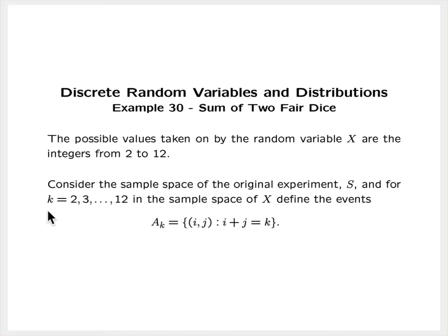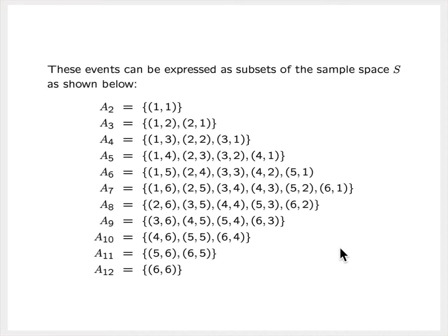So for example, for k equal to 2, A sub 2 would be the set of ordered pairs (i, j) such that i plus j is equal to 2. Well, obviously in that case i would have to be 1 and j would have to be 1, and that would be the only possible way that you could get a sum of 2. And so using that notation, these events can be expressed as subsets of the sample space S as shown below.